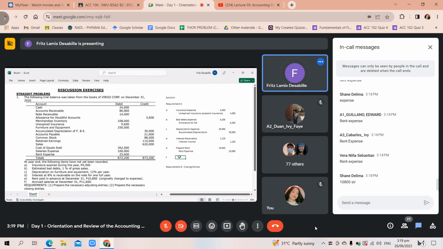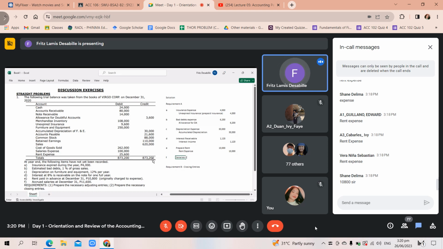So debit salaries expense, no? Because it needs to be accrued. Take note, look at the balance sheet, guys, these assets, these balance sheet accounts. We have no salaries payable, right? Don't we have no salaries payable? So therefore, this accrued salaries of 11.6 has not yet been recorded, because only accounts payable was put as liability, there is no salaries payable.